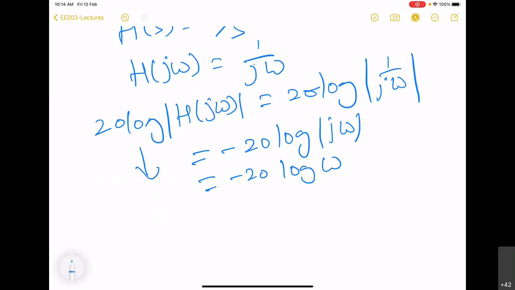So once again here we have y and this is x, so this can be written as y is equal to minus 20x, right?